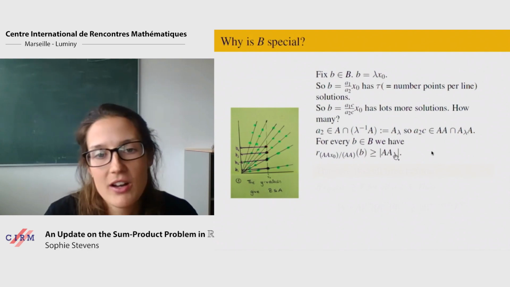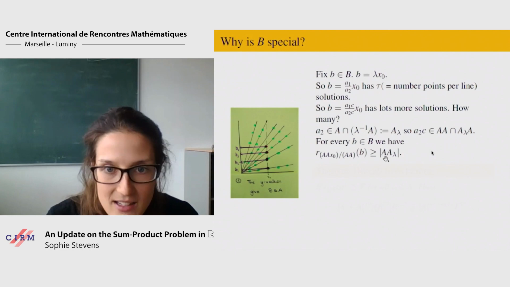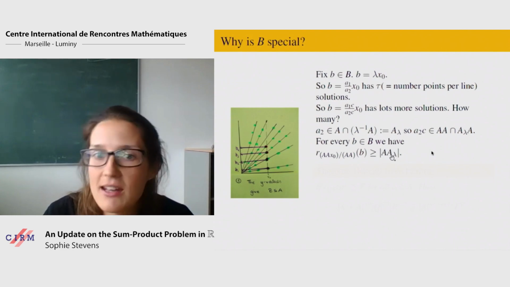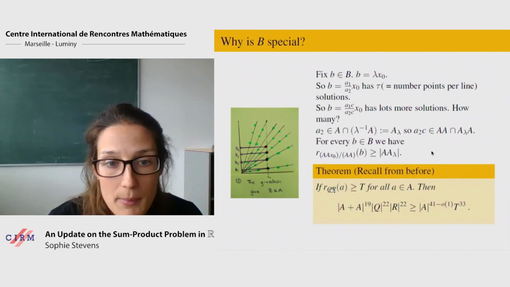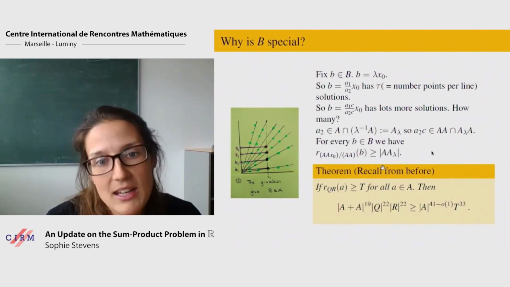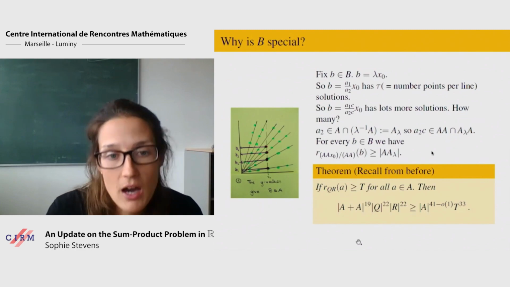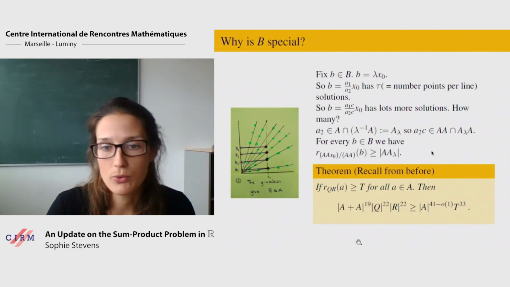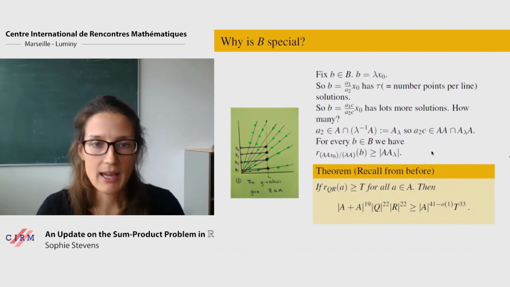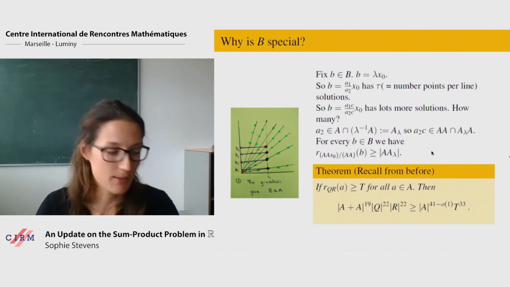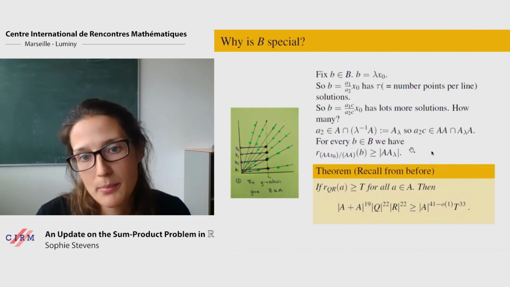And then, of course, the rest of the argument is to show that A times A lambda is big and independent of this value lambda. If we have this data, this is good news for us because this is the theorem that we'd like to plug this result into. That's really all I want to say about how to find the additive subset.